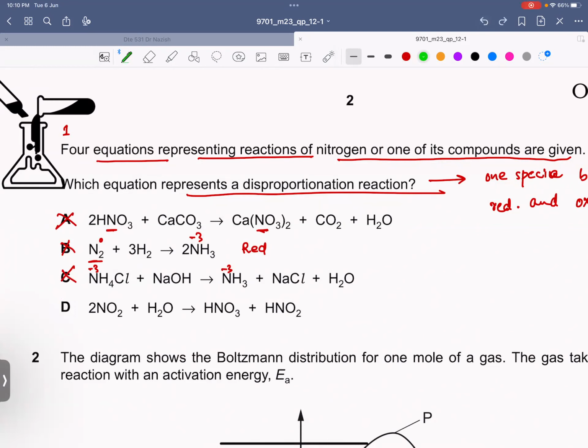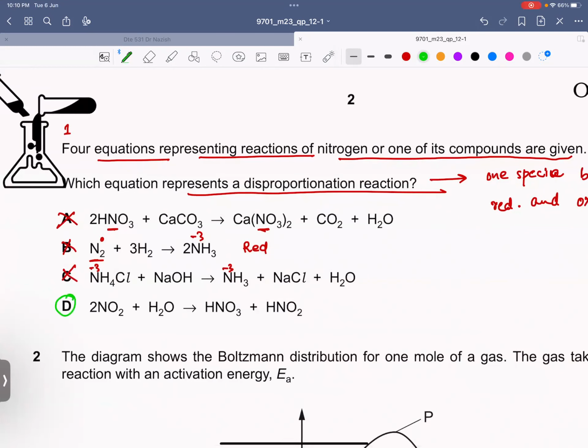Very good, Azif. So see how D is correct. In A, there is a nitrate on both the sides, right? So if the nitrate is there and calcium is there only as a compound, there is no change in oxidation number.